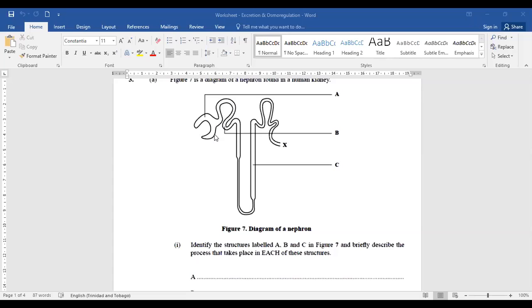Because remember, urea is made in the liver from the breakdown of what exactly? What is urea made from, people? Right, so it is made from the breakdown of excess amino acids, yes.